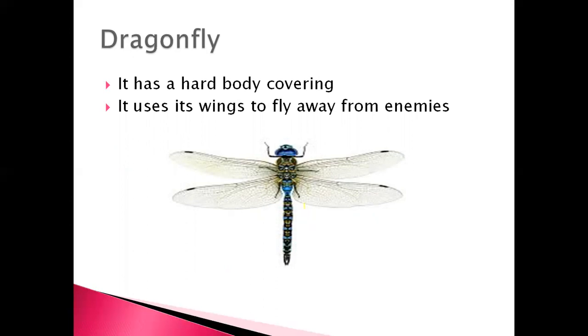And it has a hard body, its body here, and it is hard. So it has a hard body covering and uses its wings. Do you see the wings? Here are the wings of the dragonfly, and it uses its wings to fly and move or to fly away from the enemies.